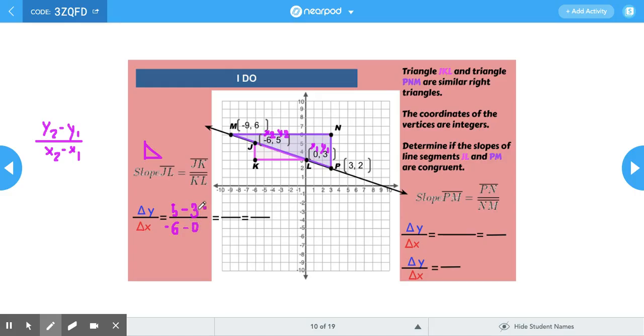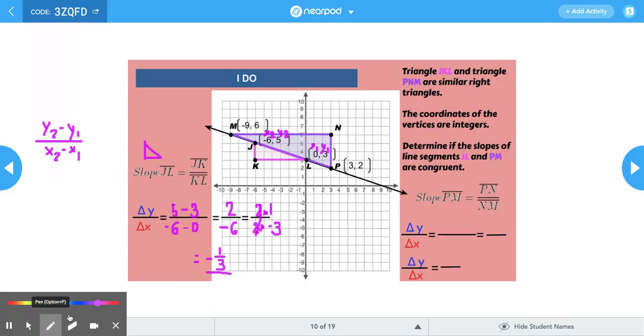So we have 5 minus 3, which is 2, and negative 6 minus 0, which is negative 6. If we simplify this, we're going to list out the factors of 2 and negative 6. So the factors of 2 are 2 times 1, and the factors of negative 6 are 2 times negative 3. We're going to cross out the common factor, which was the 2. So we're left with negative 1 over 3 as our slope of JL, so our slope of the hypotenuse of that pink triangle.